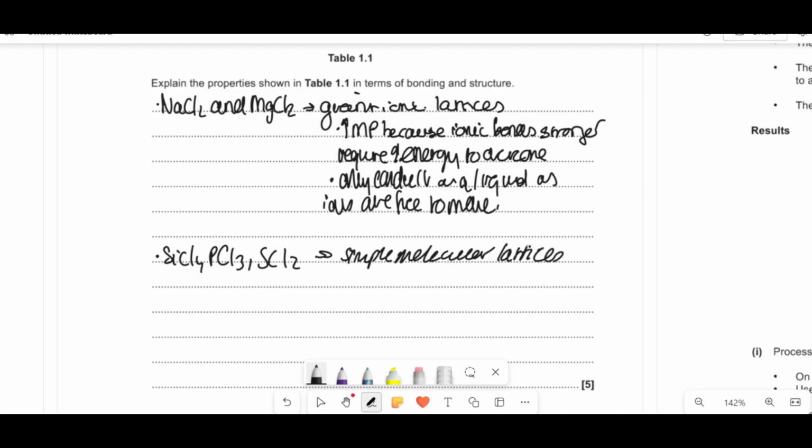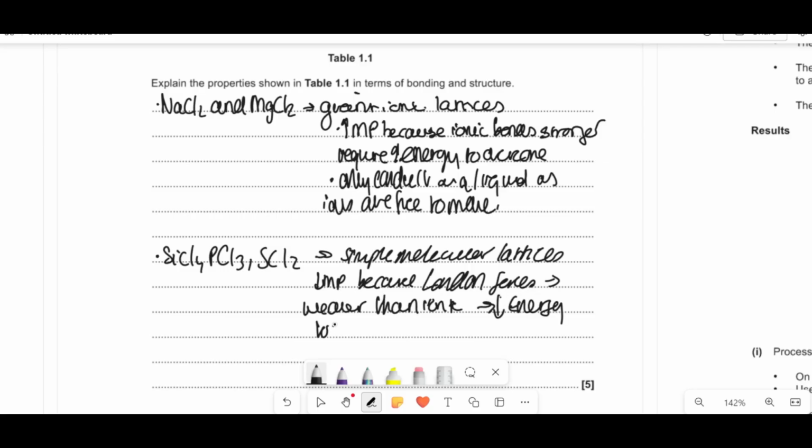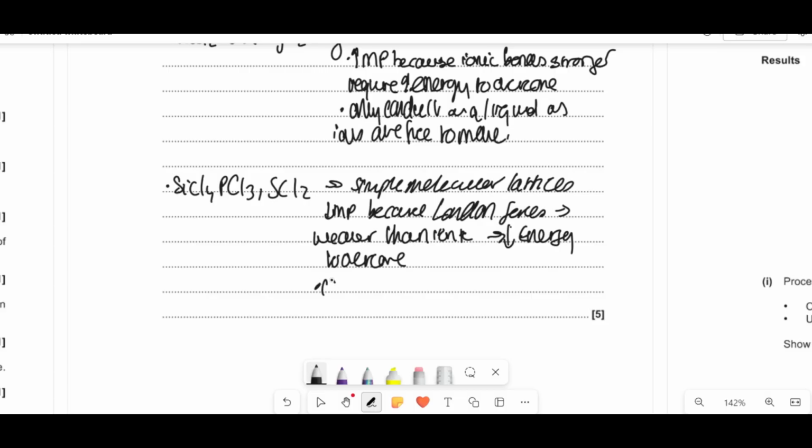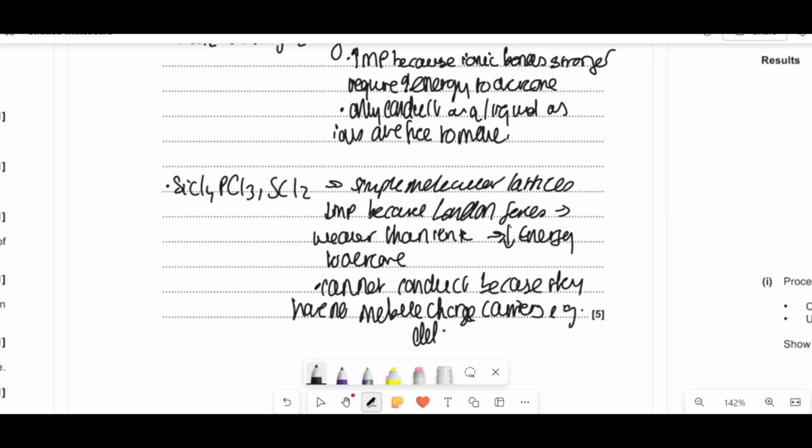So simple molecular lattices have a lower melting point because they have London forces, which are weaker than ionic, and they require less energy to overcome. And in that case as well, they cannot conduct electricity at all because they have no mobile charge carriers, e.g. delocalized electrons or ions. And there you go. Step by step, you'll be chilling.